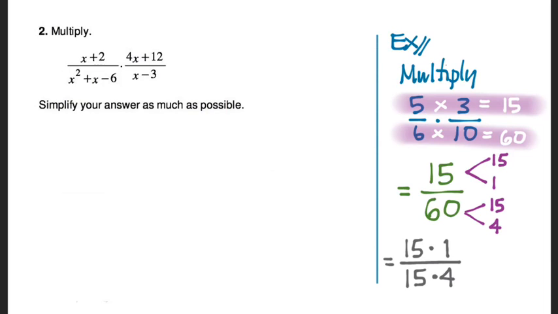But since we know that 15 is a common factor, what does that allow us to do? When I simplify, what do I actually end up with? 1 over 4. Because the common factor of 15 can be divided by in the numerator and denominator. It's what we sometimes call canceling, right?